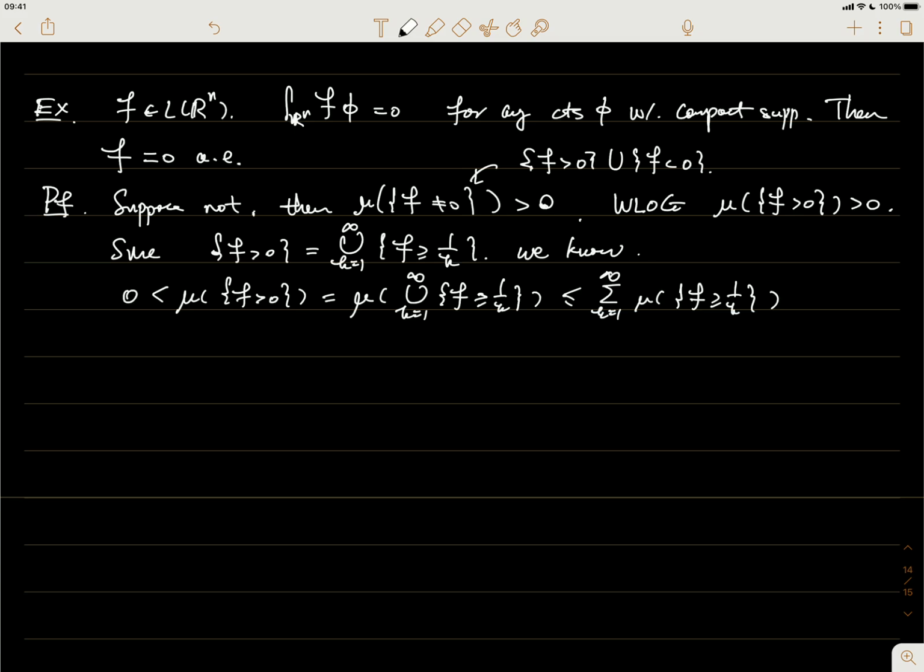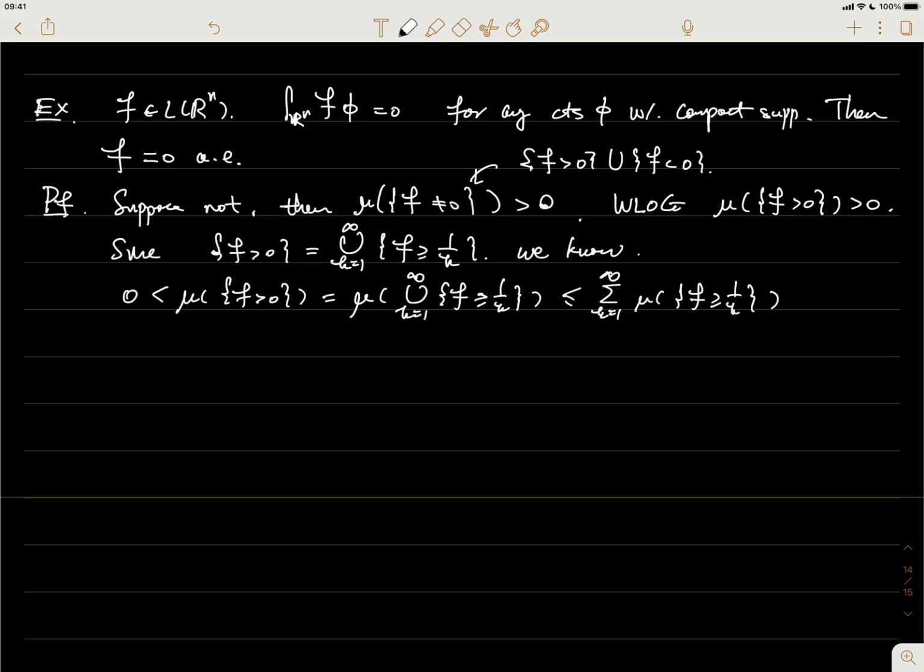Okay, so what this shows us is that for some k, this measure is non-zero, because otherwise, if every one of them is 0, then the countable sum of them is still 0. Okay, that's a contradiction to this being greater than 0.